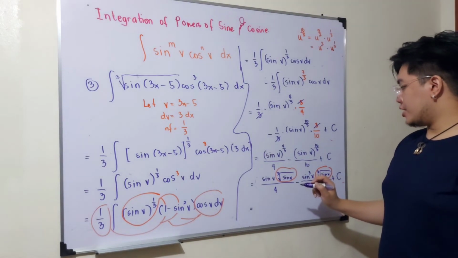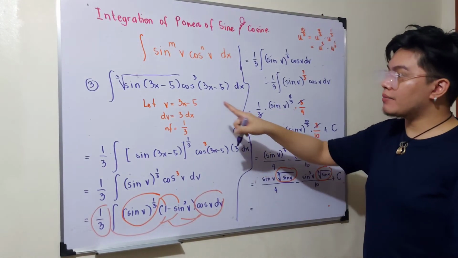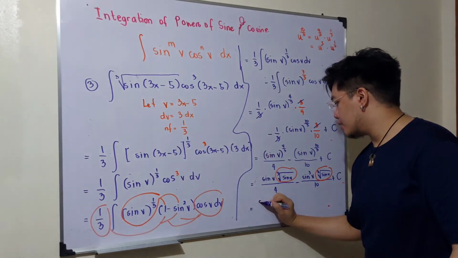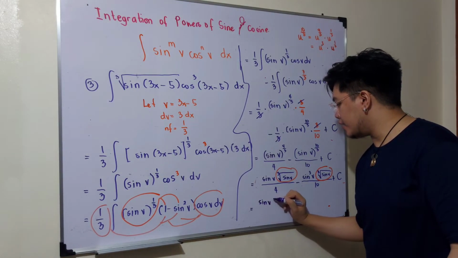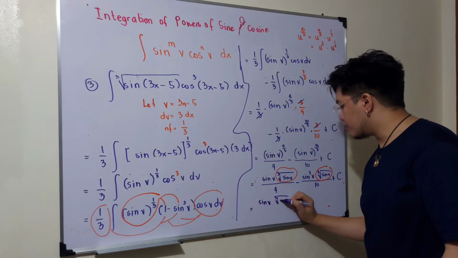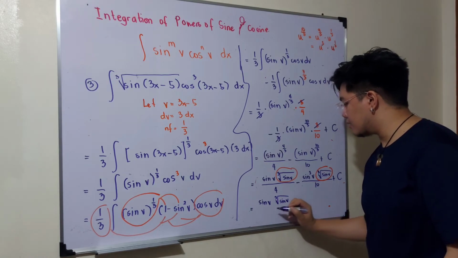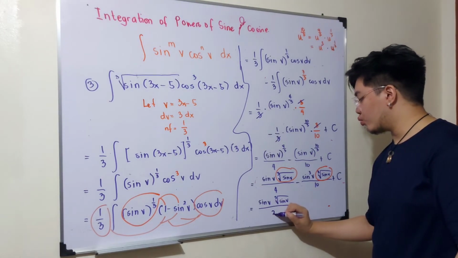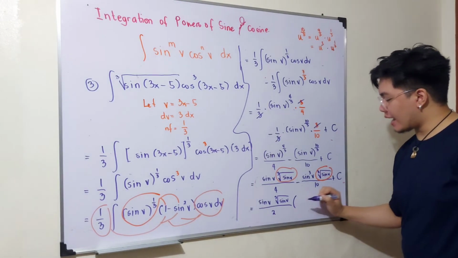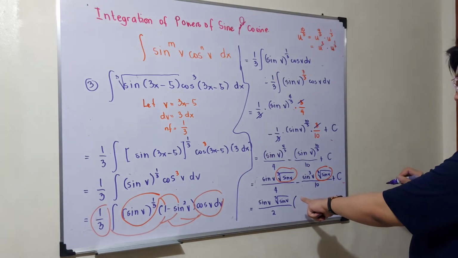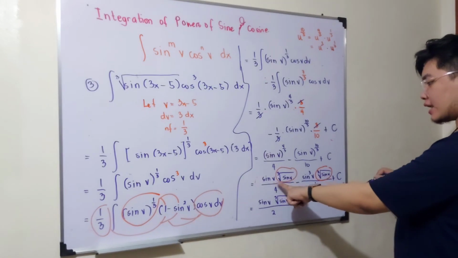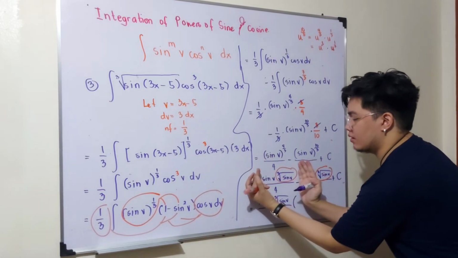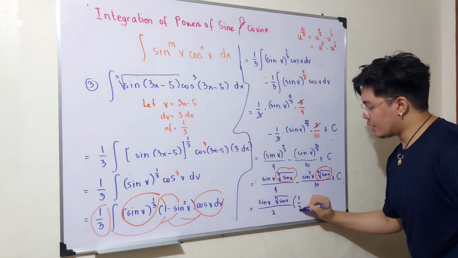So sine v, cube root of sine v, over, common factor nila is 2, and then, multiplied, times, so ito, wala na itong part na to, so 1/2 na lang yung natira.